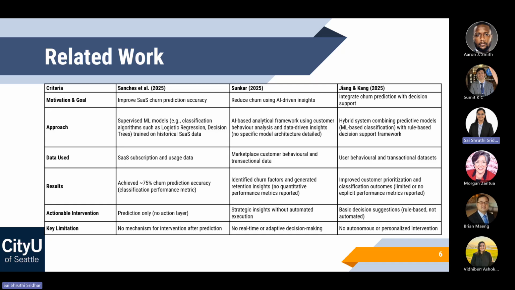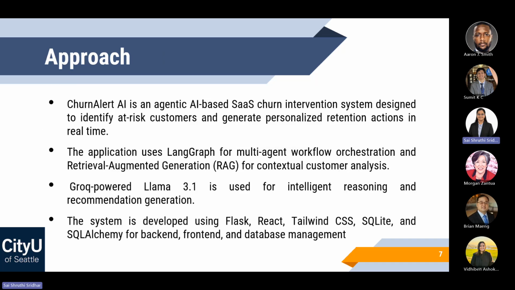All three confirm that churn prediction has some unsolved issues, but none of them close the loop with any automated action. So that's when my project came into the picture.